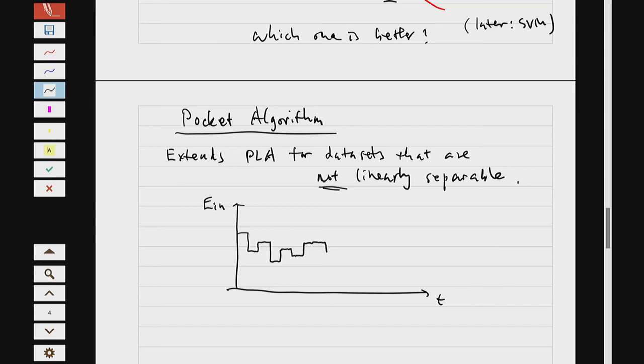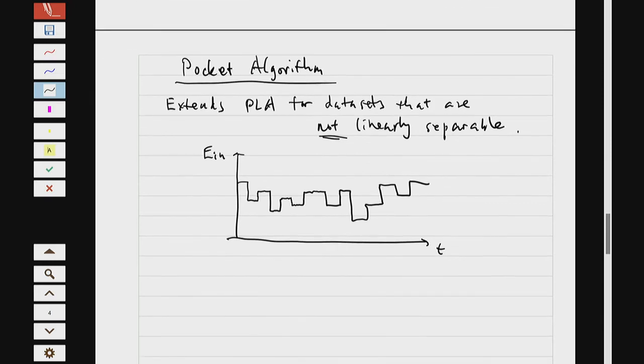But when it is not separable, it never really goes to 0. It goes up and down like this, because it does not converge to 0. It just keeps fluctuating, which is terrible. If you just stop here, you get a pretty bad answer. Your E_in is pretty large.